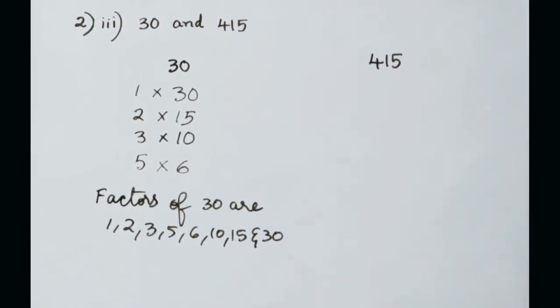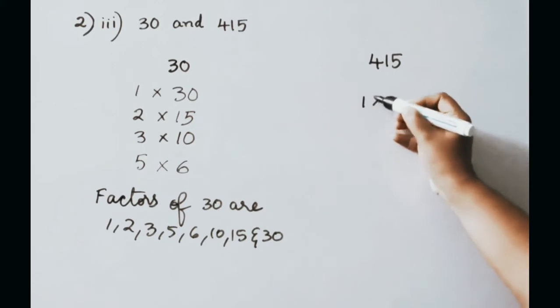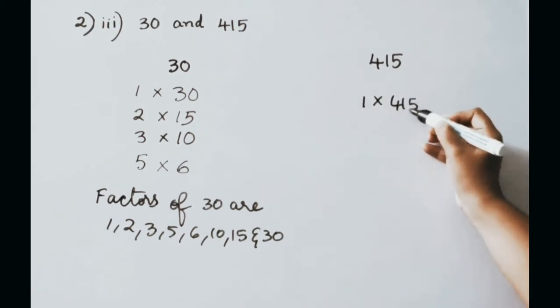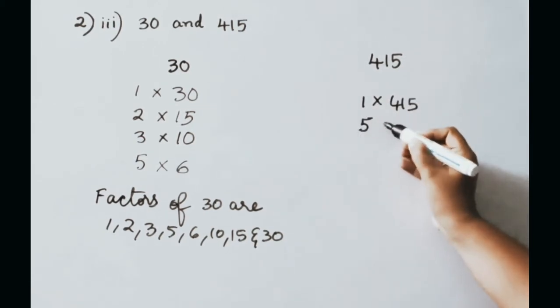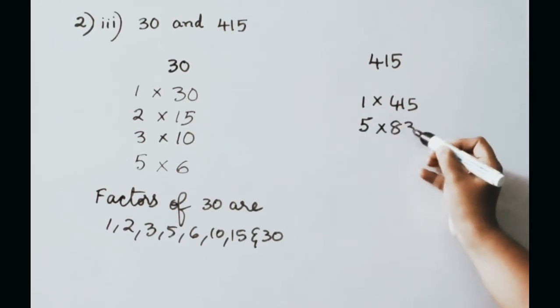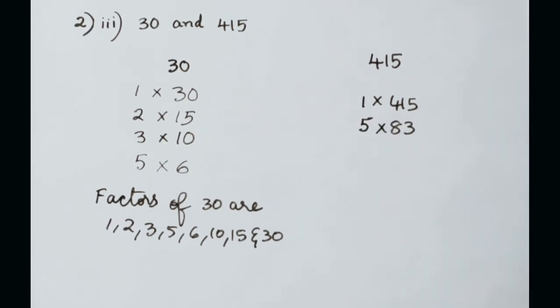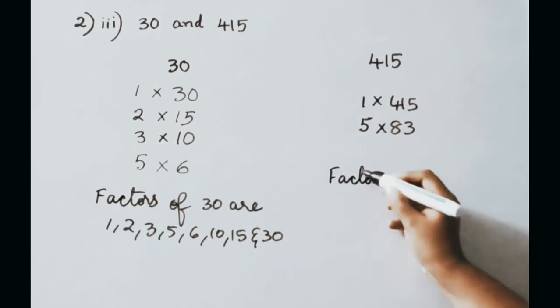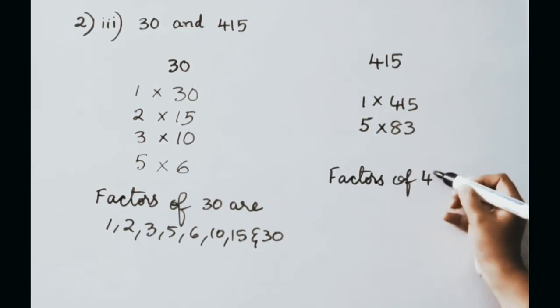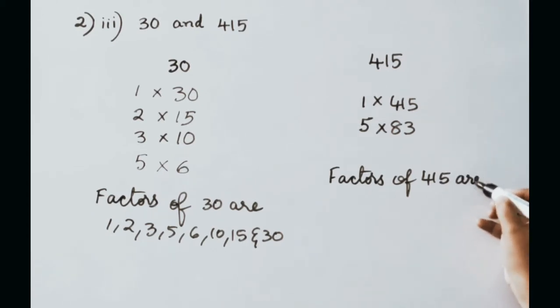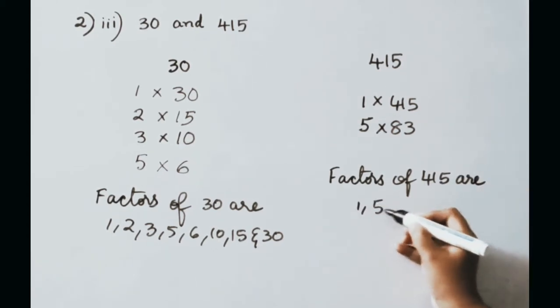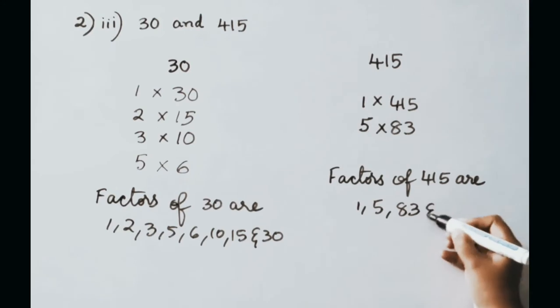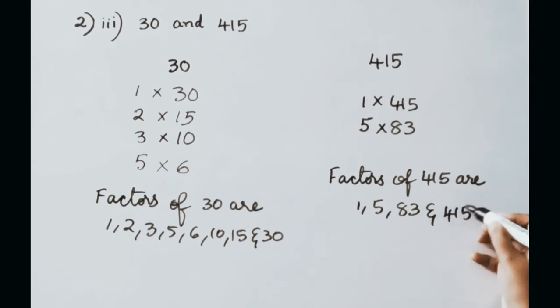Now let us write factors for 415. 1 into 415, 5 into 83. Therefore, factors of 415 are 1, 5, 83 and 415.